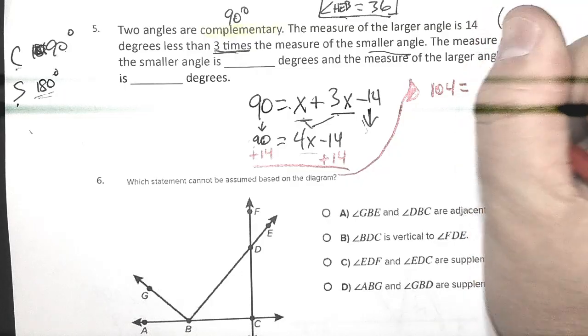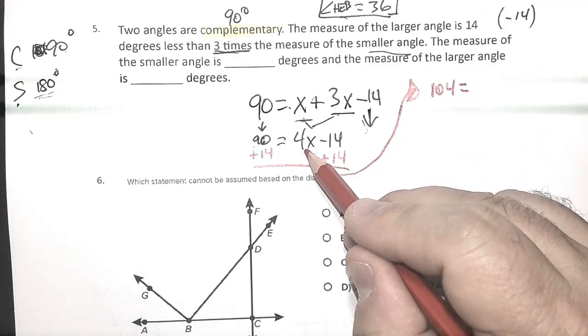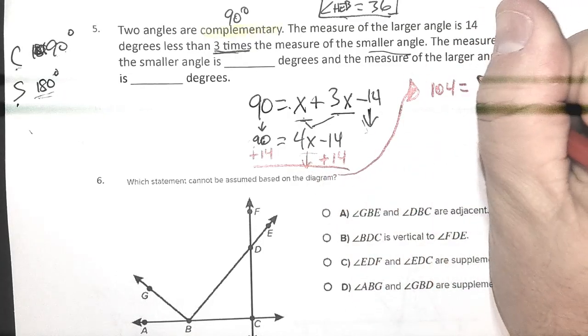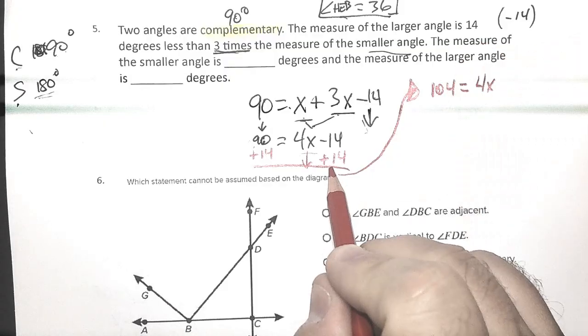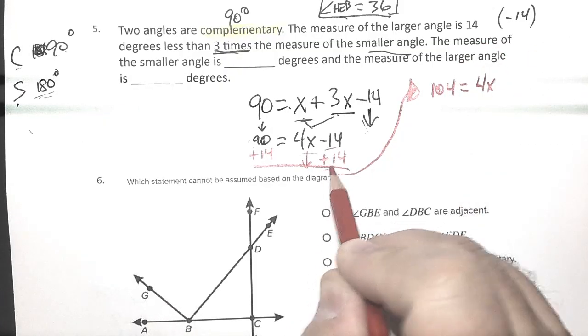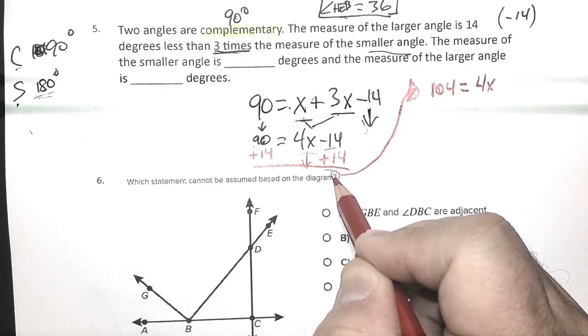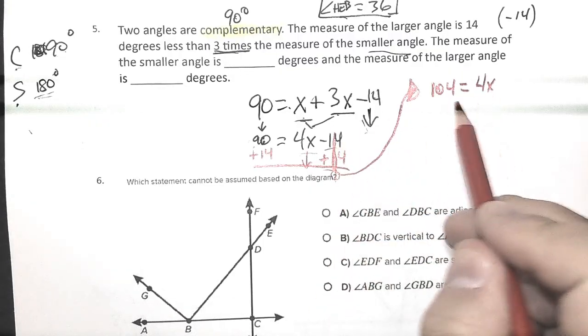The 4x came down because we didn't touch it. Negative 14 and positive 14 make 0, so those are gone. So this is what we have left.